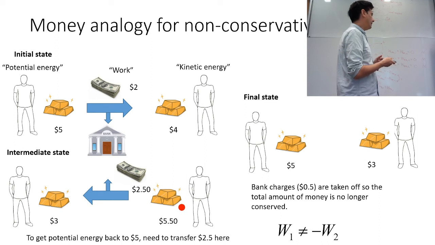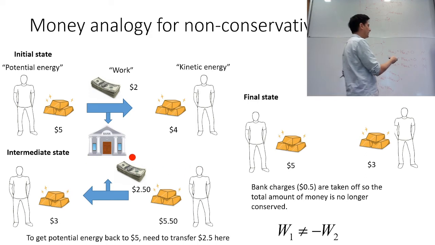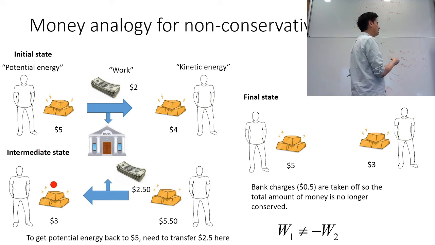And then, oh no, sorry, I had it right the first time. What we're trying to do here is to get the potential energy back to $5. Sorry, we'll keep it the same. So transferring $2, losing 50 cents in bank fees, when $2 is transferred, this kinetic energy goes up to $5.50.